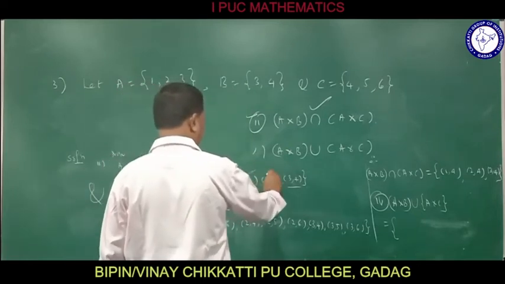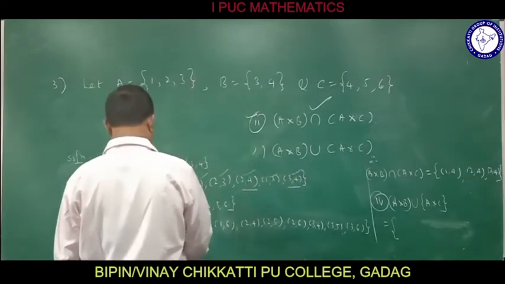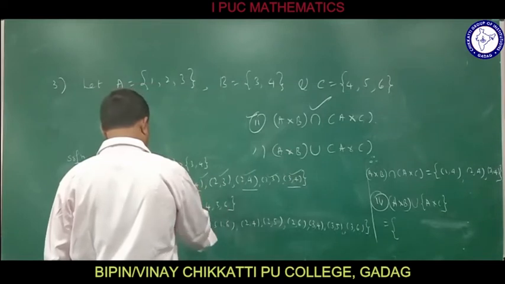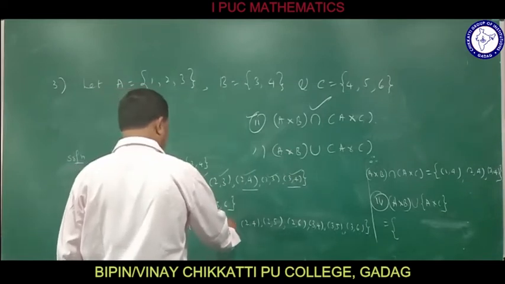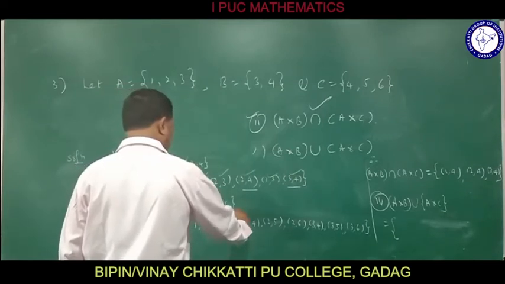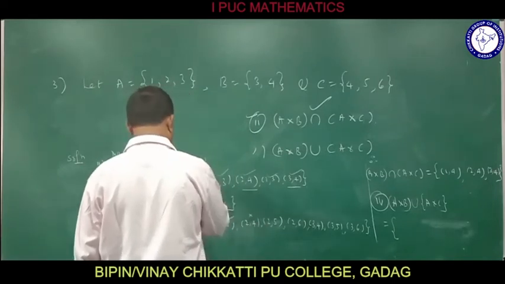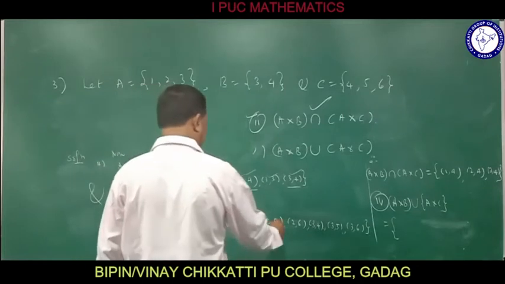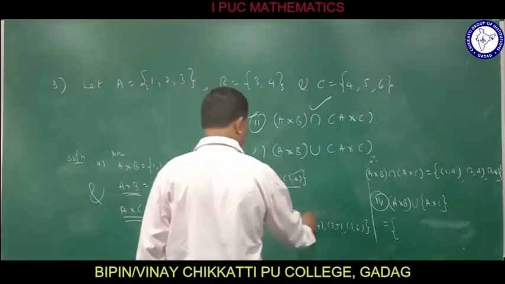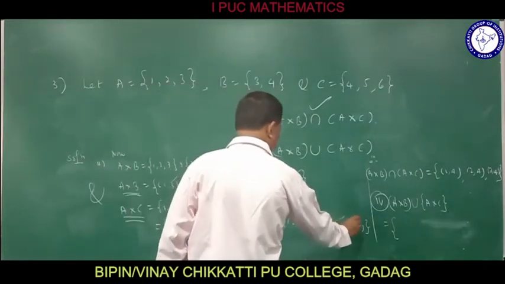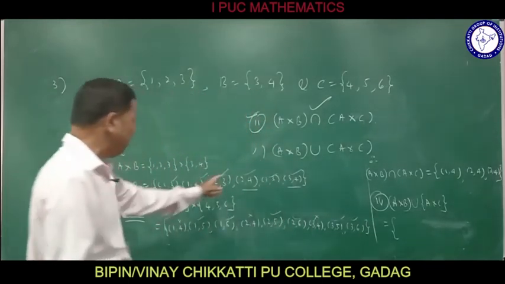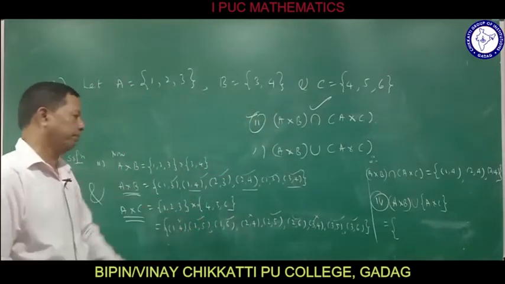3), (4,5), (6,..). And here (1,4) you have to drop, (1,5), and yes, (2,4) don't take because already you have taken. (1,4) already you have taken, and (2,5), (2,6) this also you have taken. These, which I have marked with right marks, you have to take under the union.